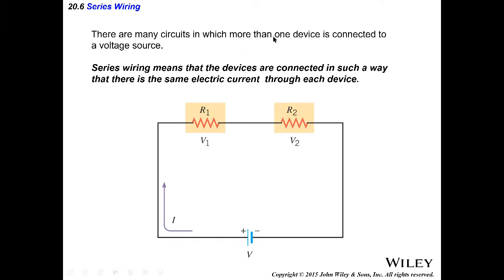And when we have more than one, the question becomes, how are they connected? The series wiring is one where this lamp, or whatever appliance, is connected to another lamp that has resistance in it.